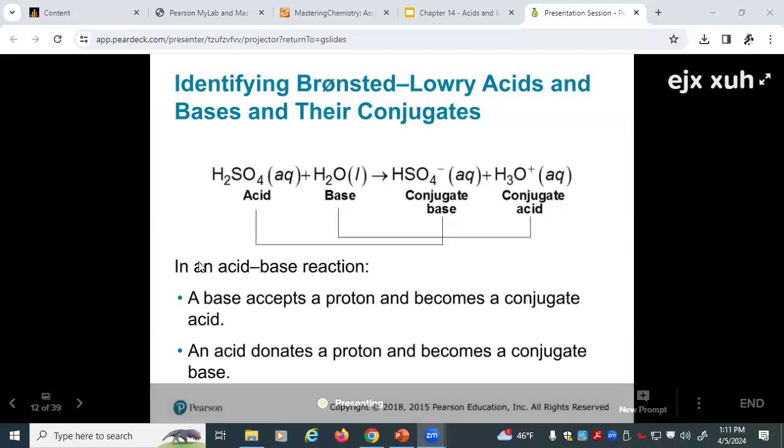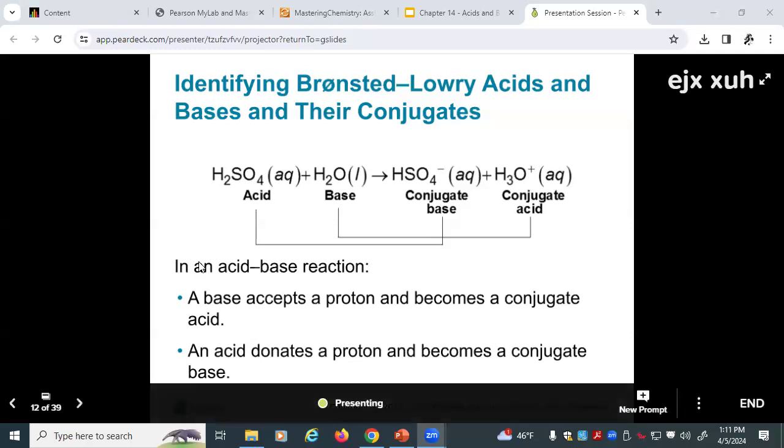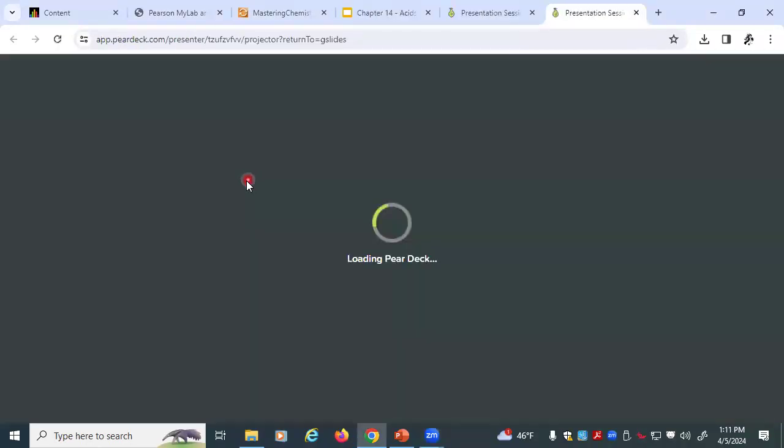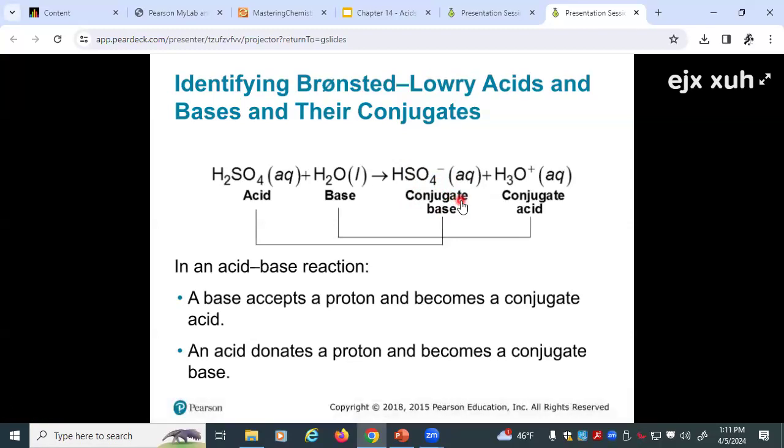One thing that we kind of touched on and that we need to be a lot more explicit about here is this idea: not only do we have the ability in a chemical reaction to identify acids and bases, but if we look at the other side of the reaction, we can see that the other thing that is generated as a part of this reaction also has acid-base tendencies as well.